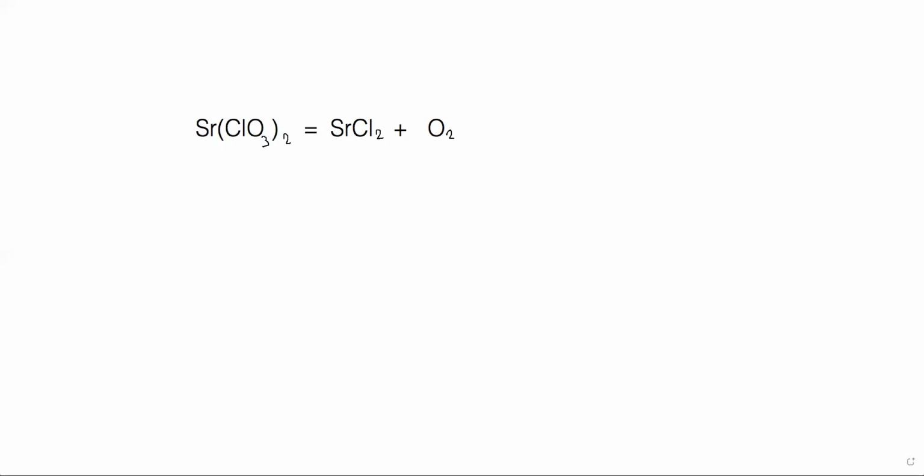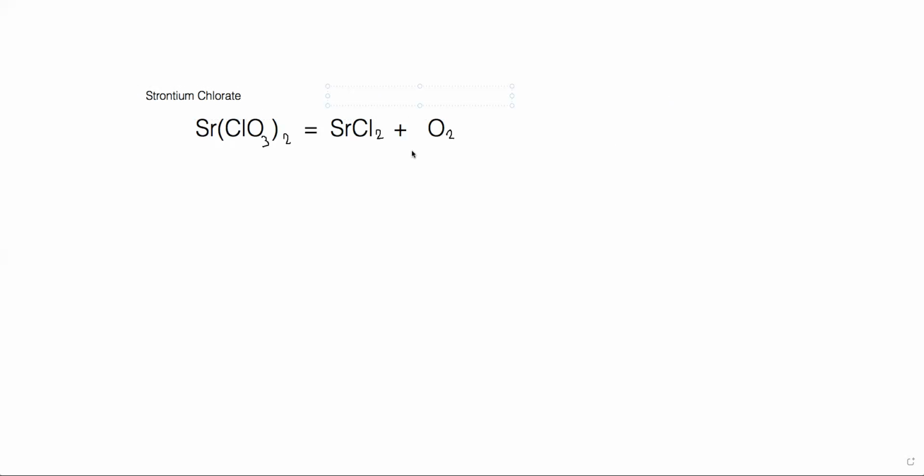So we know it's a decomposition reaction. Let's just go ahead and name everything. So we know Sr is strontium. And whenever we see, in parentheses, something like this, chlorine and then a trioxide atom with a little subscript 2, that's always going to be chlorate. So this has to be strontium chlorate. And then let's take a look and see what else we have here. Okay.